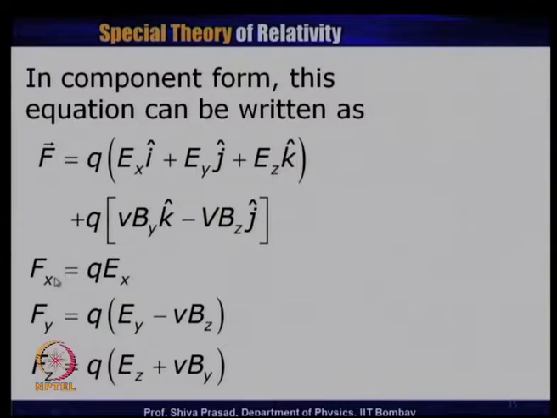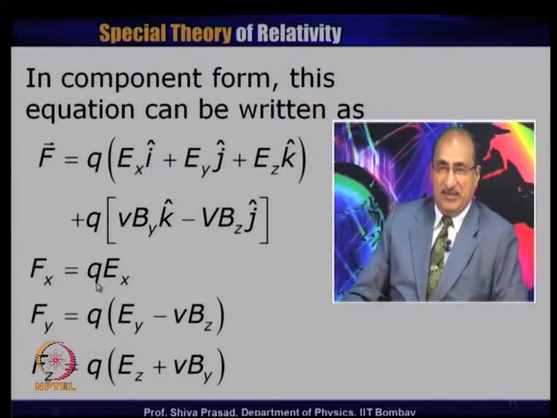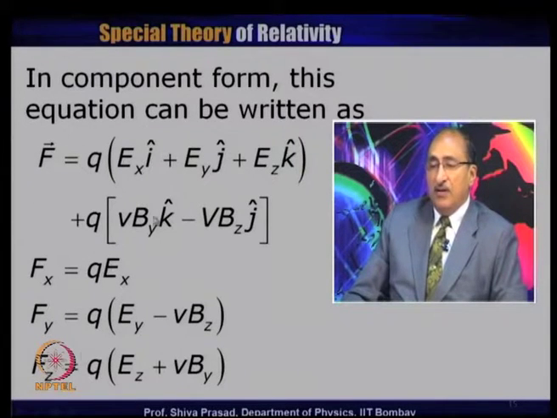So, I am writing the x component of the force, which will be only the i part. See, i is appearing only in this term, nowhere else. So, I have just picked up one term, which is Q Ex. I am not writing i because I am just writing the x component of the force. So, the x component of the force is given by Q Ex. Let us write the y component of the force.